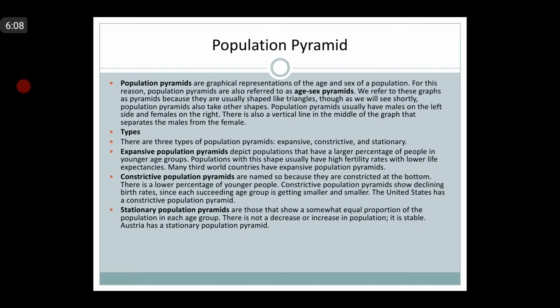In this type, the proportion of children is about 30%, and the aged constitute about 15% of the total population. Right. So, what is left in between 15 to 59?